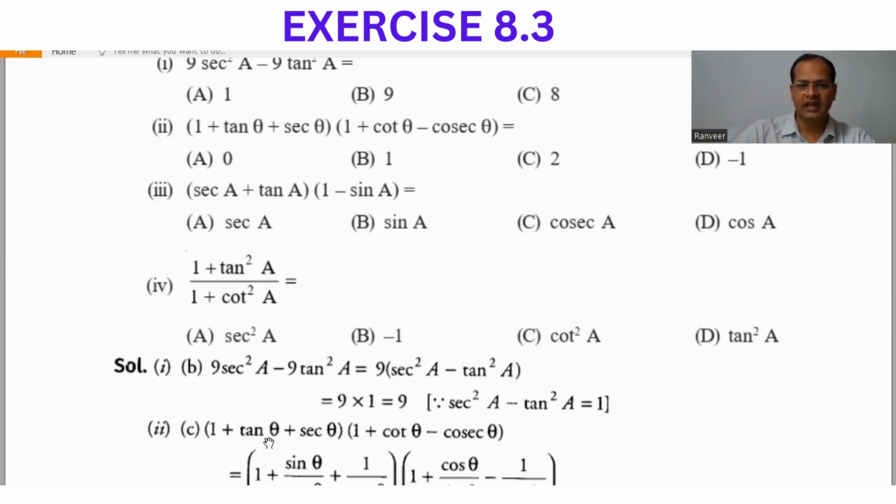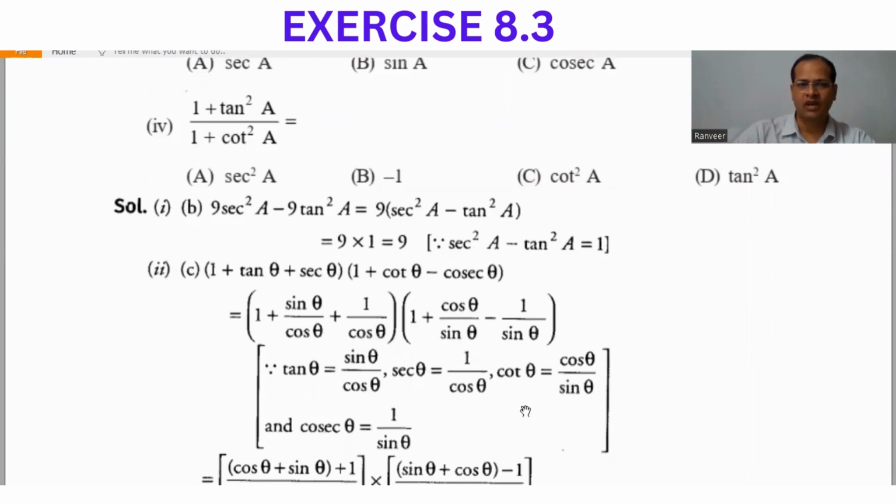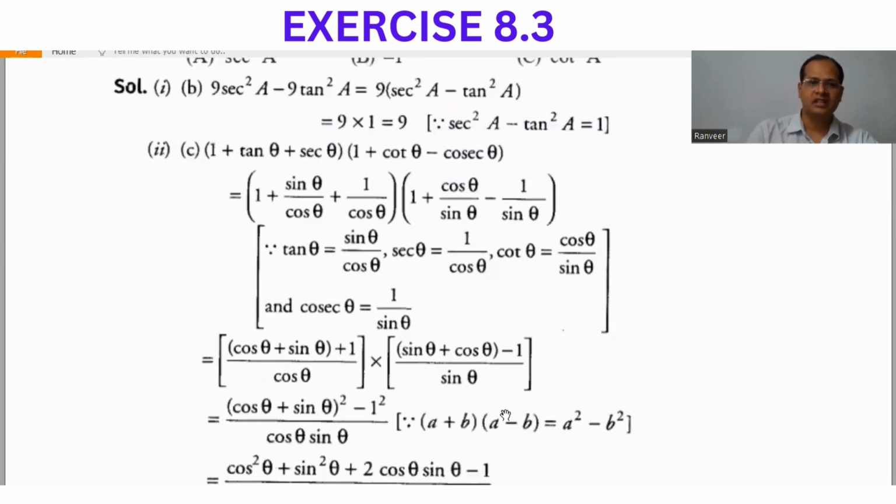Second is (1 plus tan A plus sec A) into (1 plus cot A minus cosec A). For this type of question, we have to convert everything in terms of sine and cos. So tan theta is sine theta by cos theta, and sec theta is 1 by cos theta. Once we solve this, it is nothing but cos theta plus sine theta plus 1 over cos theta, times cos theta plus sine theta minus 1 over sine theta. So this becomes (cos theta plus sine theta) whole square minus 1 square, over cos theta into sine theta.